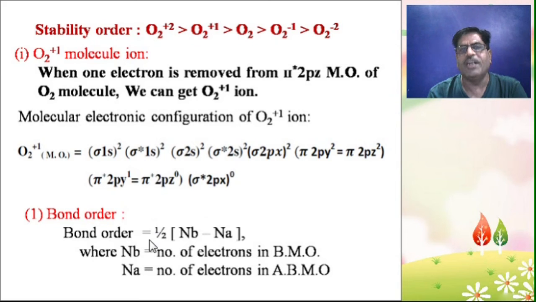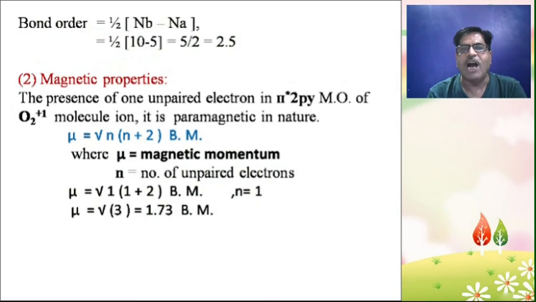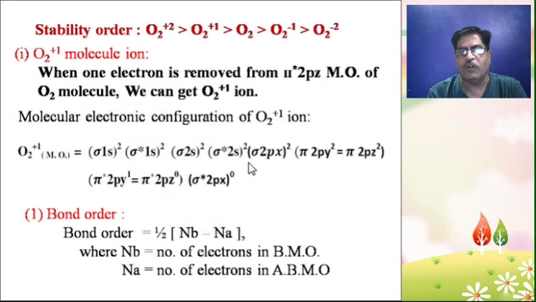So bond order is equal to 1 half (Nb minus Na). Same as we calculated: the number of electrons in BMO is 10 and the number of electrons in ABMO, Na, is equal to 5. So in the molecular electronic configuration, every orbital with a star belongs to anti-bonding, and those without a star belong to BMO.